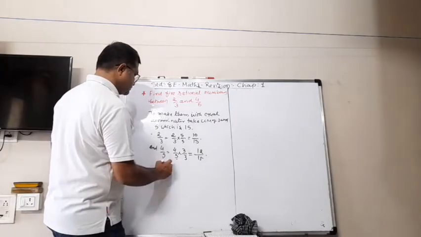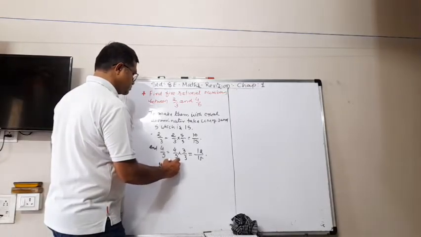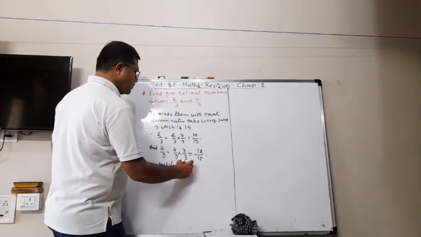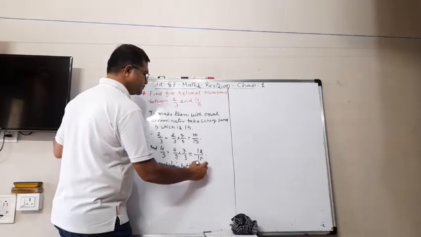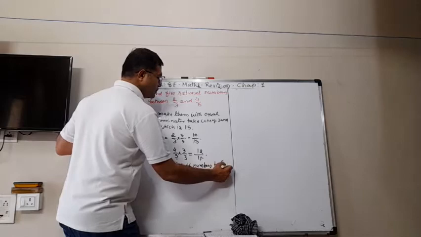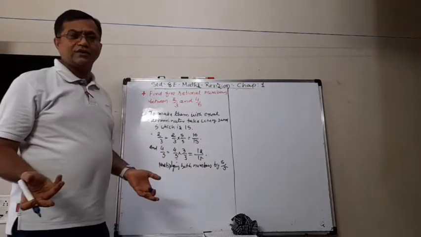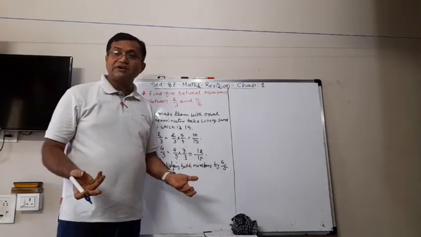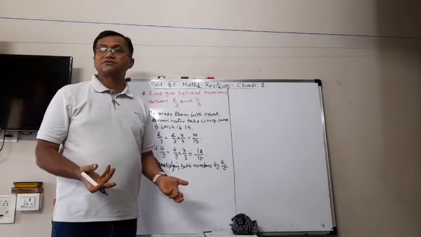So multiplying both numbers by 5 upon 5. It is not necessary to use 5 upon 5, you can multiply with 10 upon 10 as you wish.